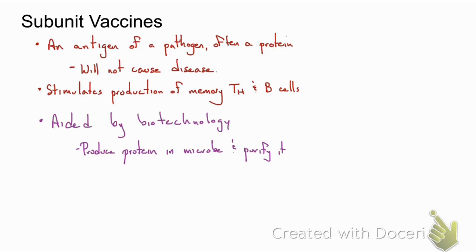These little particles have the spherical shape of the HPV, but do not contain any genetic material, and so they cannot replicate in the host. Now, there are two subclasses of subunit vaccines known as toxoid and conjugate, and we're not going to get into the details of these, but if you do see these two terms, know that these are both types of subunit vaccines.